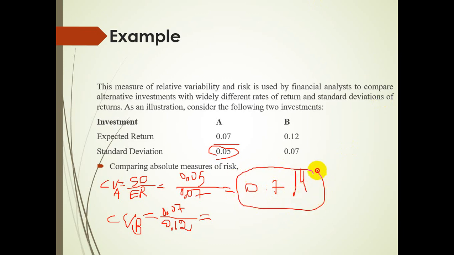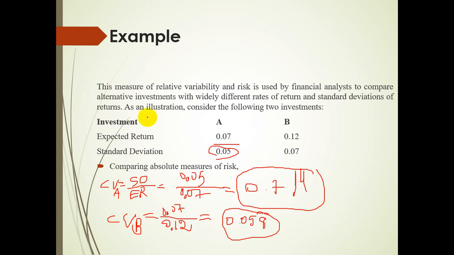So this is the first answer. The second answer will become 0.07 divided by 0.12, which is 0.58, so it is equal to 5.8%, and the first one is 71.4%.